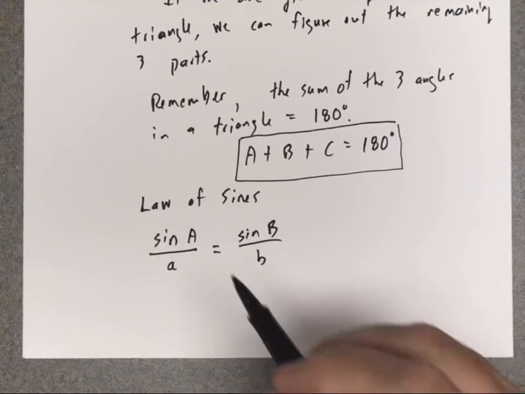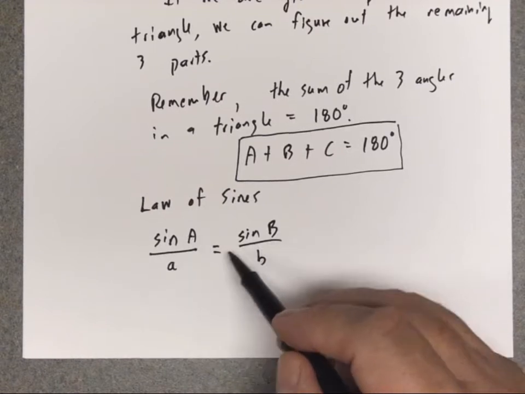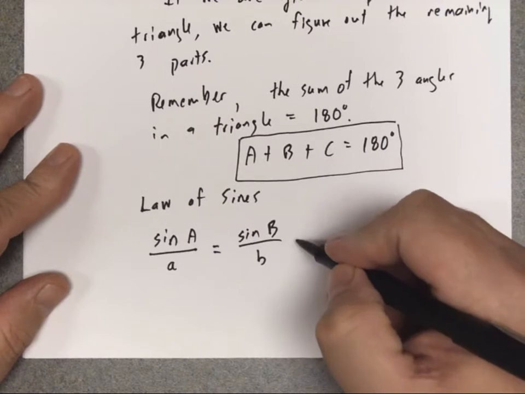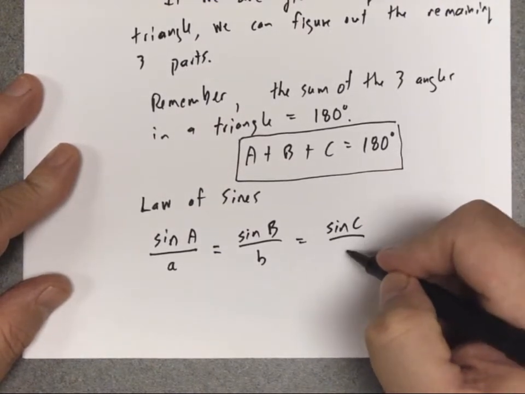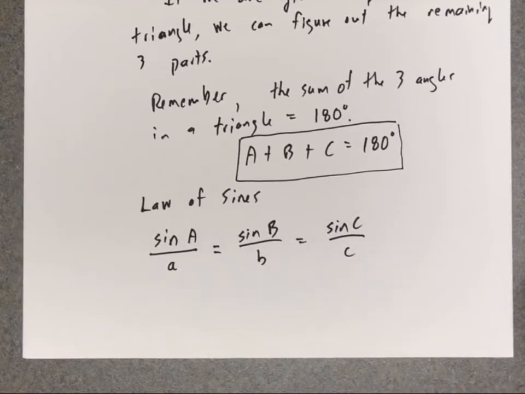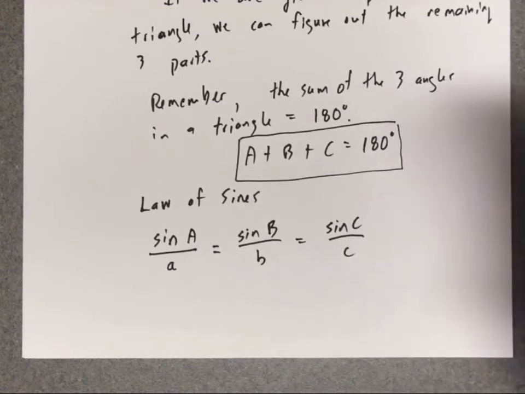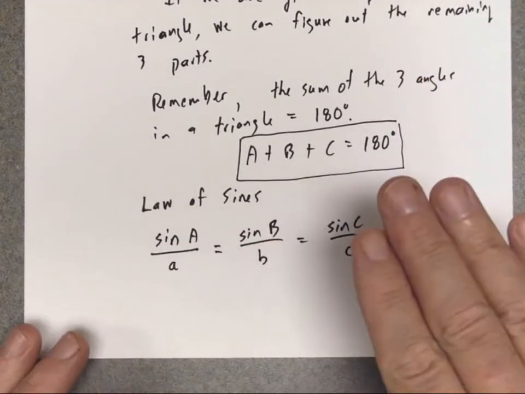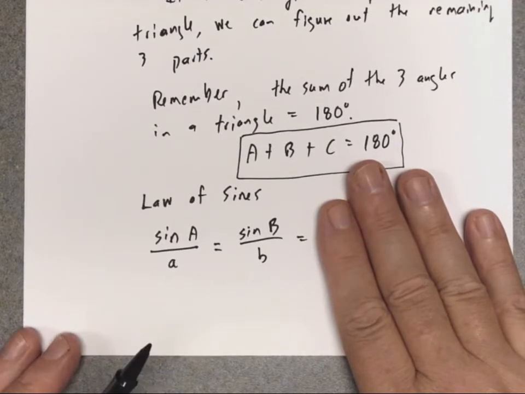So here we have an equation that relates the A's and the B's, both the angles and the sides. But we don't stop there. We can have another expression where we have the sine of C over side c. So we have three parts to this, and we compare any two parts we want. For some problems, we're going to use sine A over a equals sine B over b.